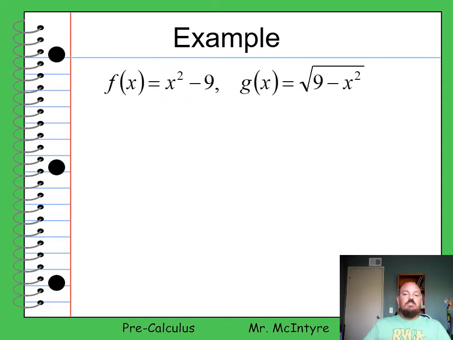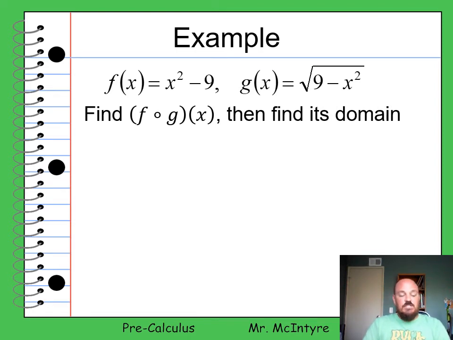So here are our 2 functions this time. We are going to find f of g of x, but this time we're also going to find its domain. So let's first of all do the composition. Just like our first 2 examples today, let's just find f of g of x. So when I'm doing this, we take the first letter, f, and we copy down that function.